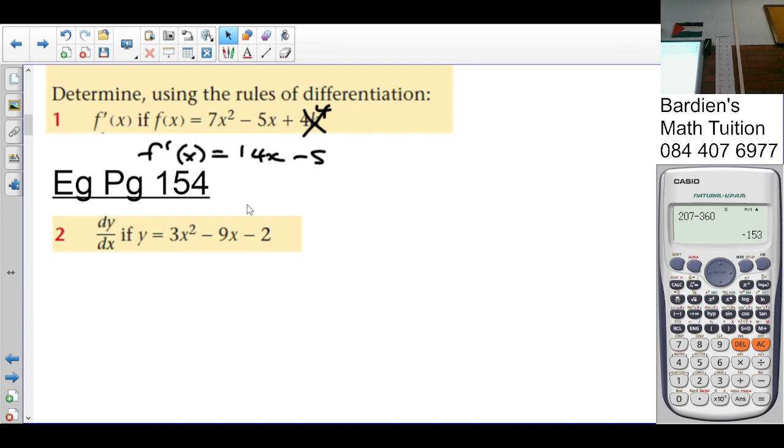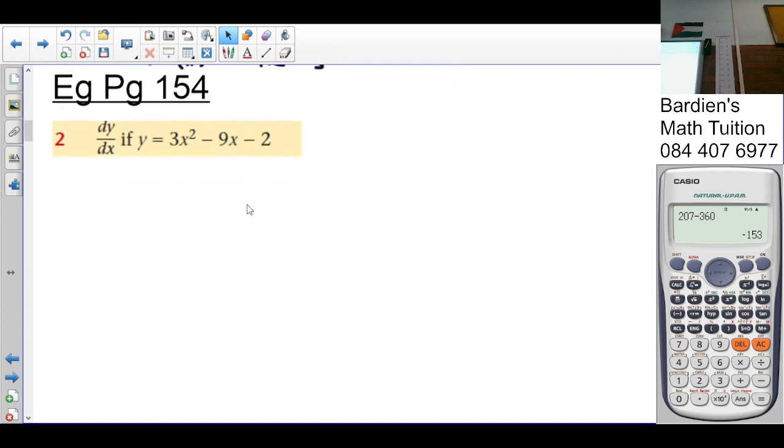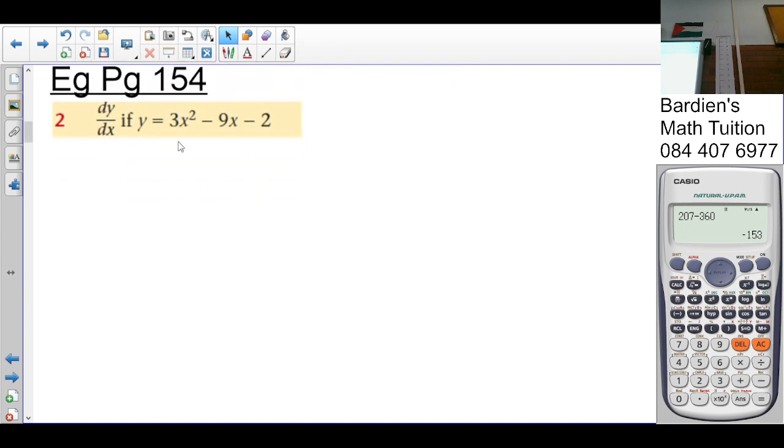Determine using the rules of differentiation dy over dx if y is equal to 3x squared minus 9x minus 2. Derive that quickly.